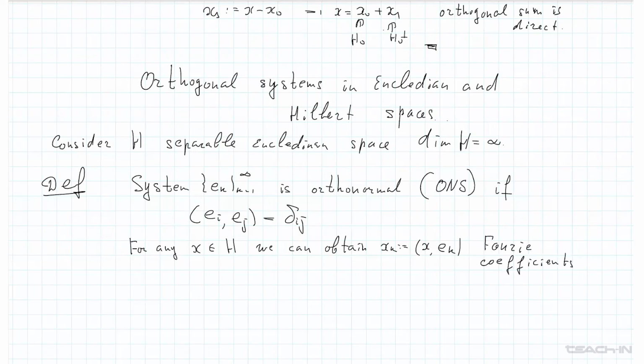So we can define Fourier coefficients in an abstract situation, not for sine or cosine systems, but for any orthonormal system. And we can consider the Fourier series, and our goal is to understand whether this series in Euclidean space gives us a representation of x.